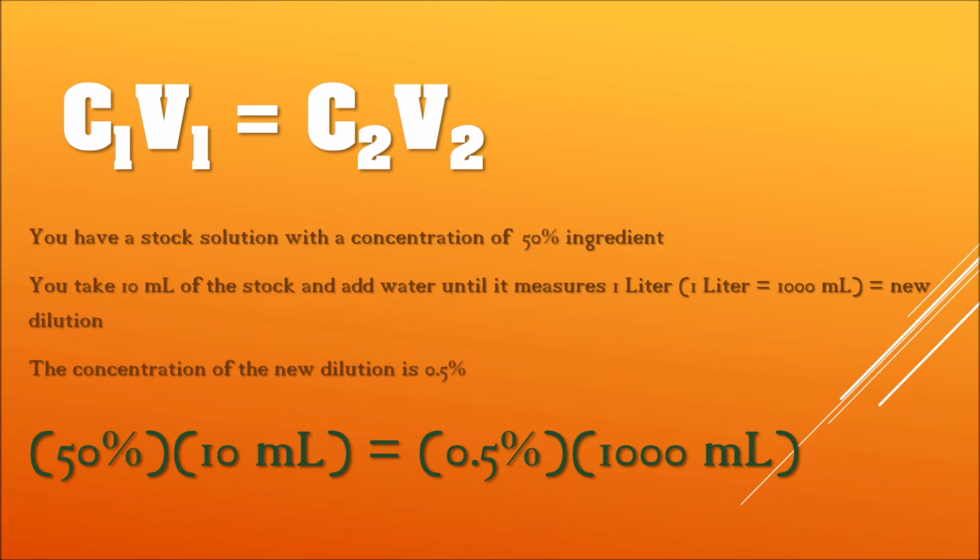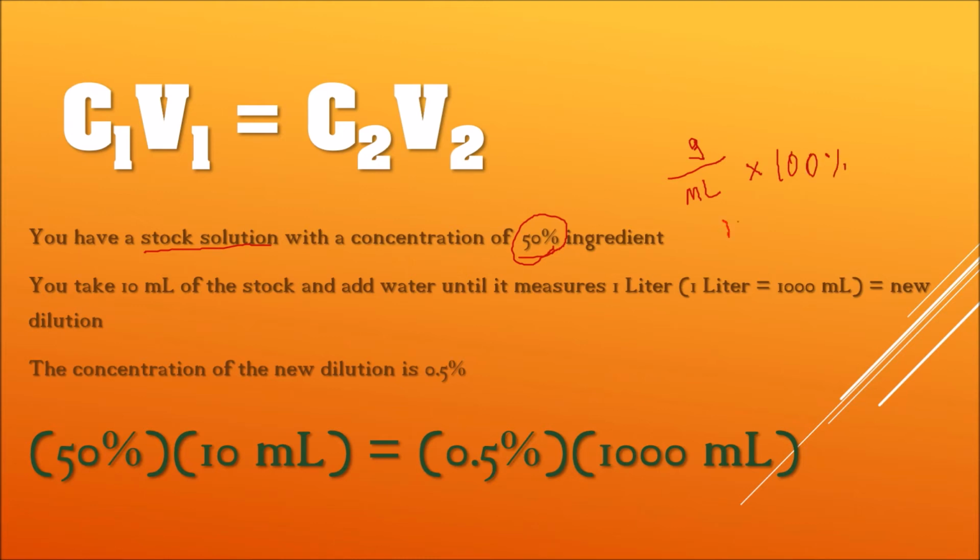Now let's see an example so you can see what I'm talking about. Let's say you have a stock solution with a concentration of 50% of the ingredient. So 50% of the stock solution is your actual ingredient. Now, how did we get that 50%? Remember, we took the grams and divided it by milliliters times 100%.